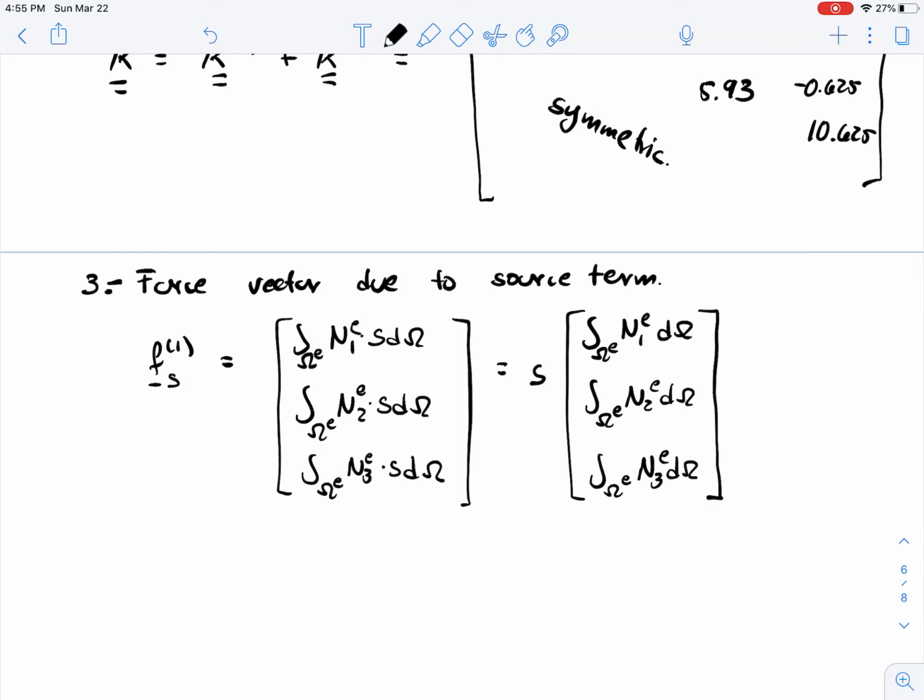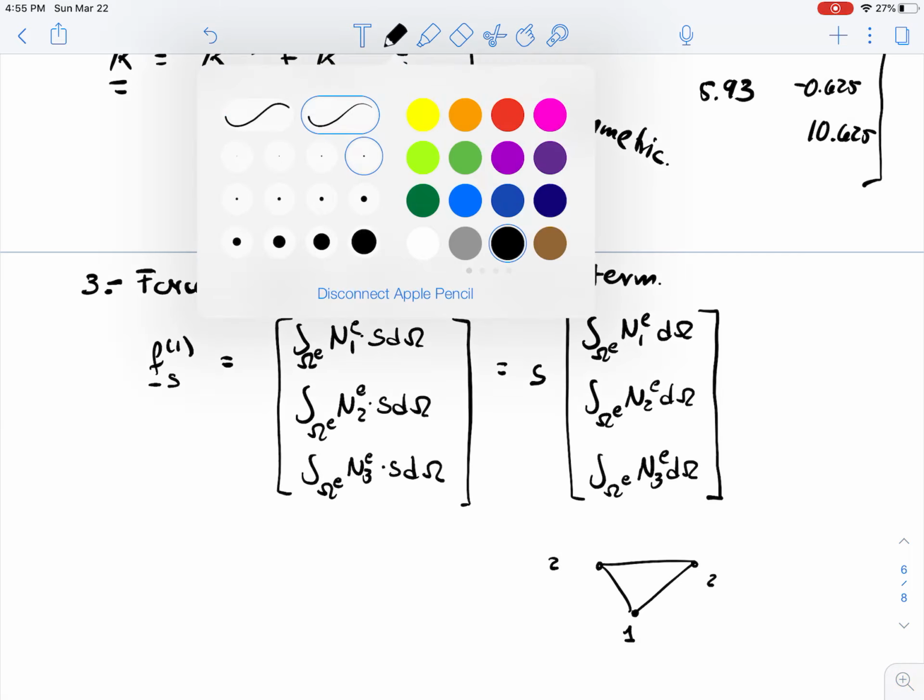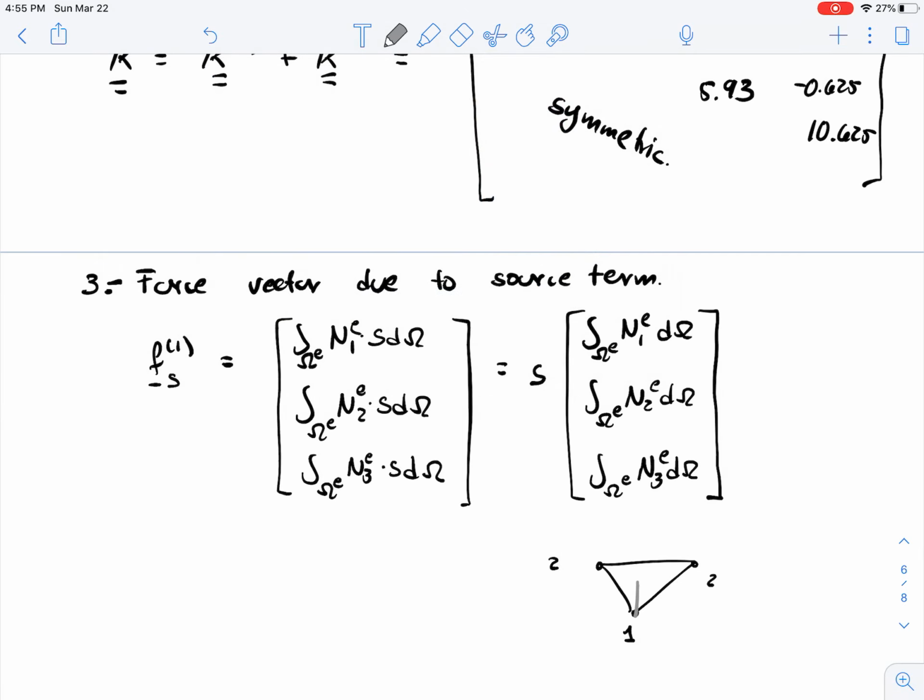And that you can actually do without computing the integral if you remember, for any given triangle, say we have a triangle that looks like this, where this is local node number 1, local node number 2, and local node number 3. Shape function 1 is a function that is 1 at node 1 and then goes to 0 for the other 2 nodes. And the integral of shape function 1 over the triangle is actually nothing more than the area of the triangle over 3. Just believe me with that one.